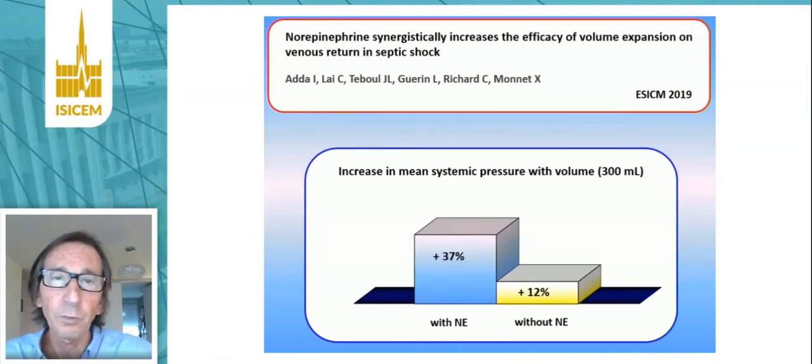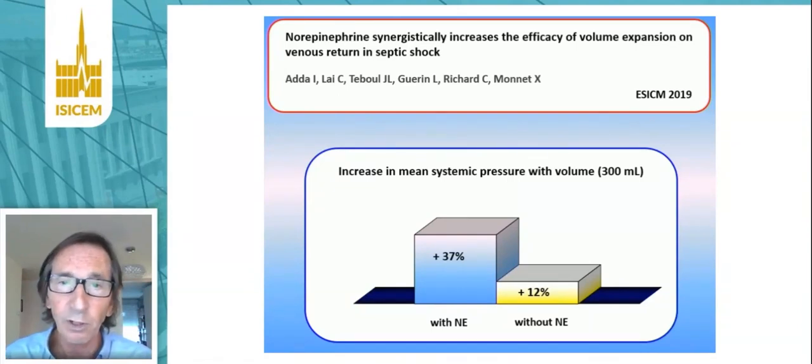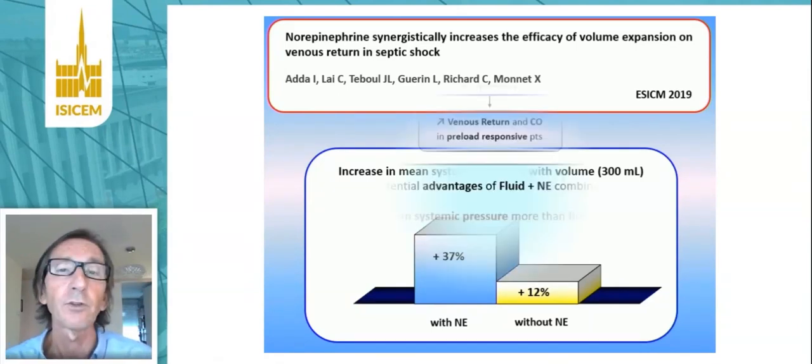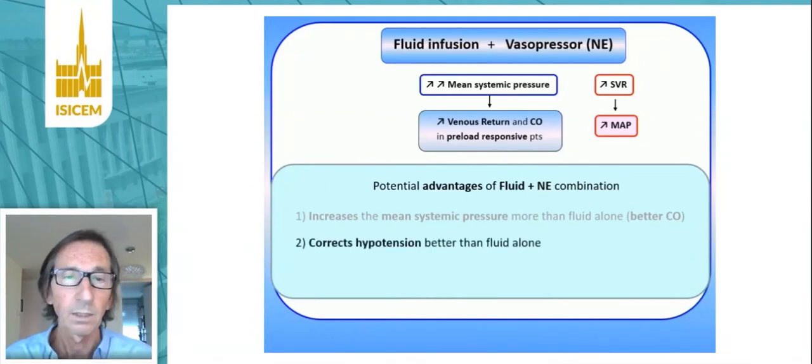We gave volume to patients with septic shock, and we estimated the mean systemic pressure using the occlusion maneuvers in patients receiving mechanical ventilation. And we observed that this increase in mean systemic pressure was larger in patients when they received norepinephrine than when they did not receive norepinephrine. So again, a synergistic effect on the mean systemic pressure of fluid plus norepinephrine.